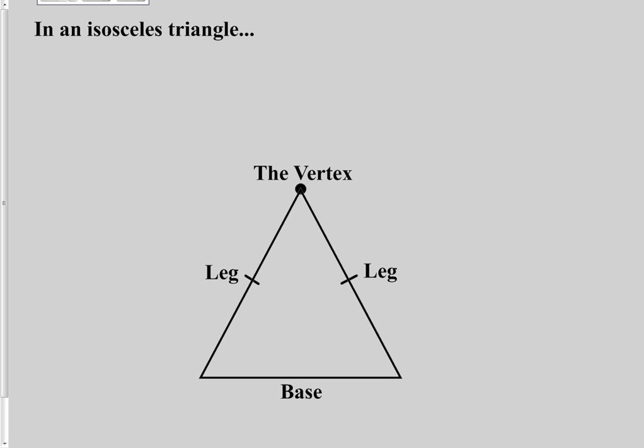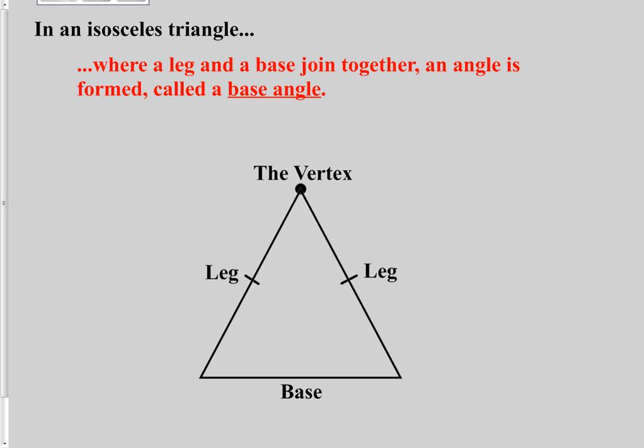Okay, so our diagram should look like that. For some reason, my vertex angle has vanished from my diagram, but you should have it in your notes. So in an isosceles triangle, where a leg and a base join together, an angle is formed called a base angle.